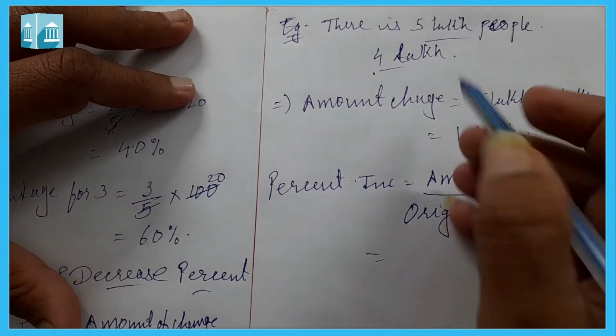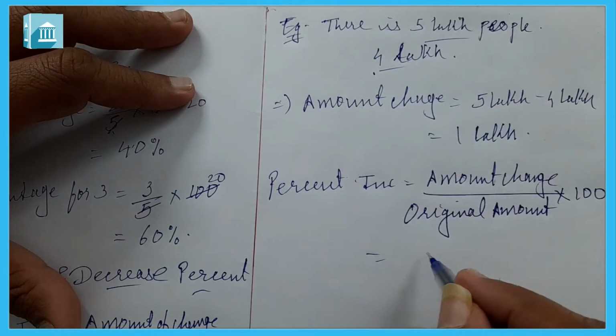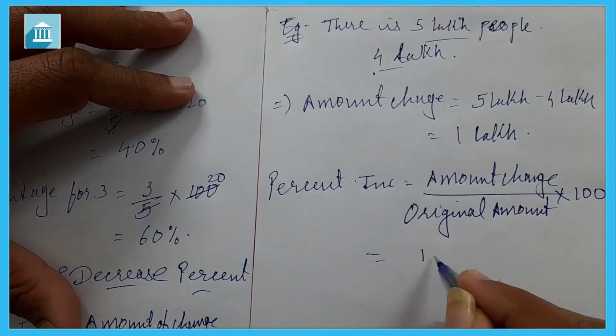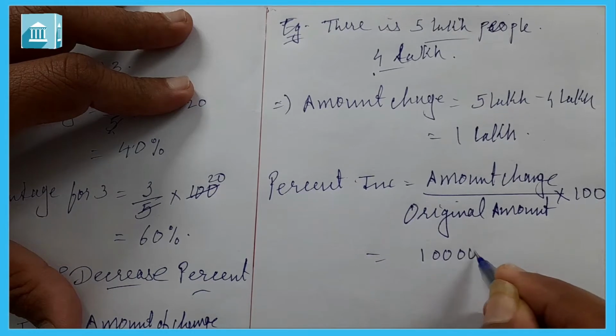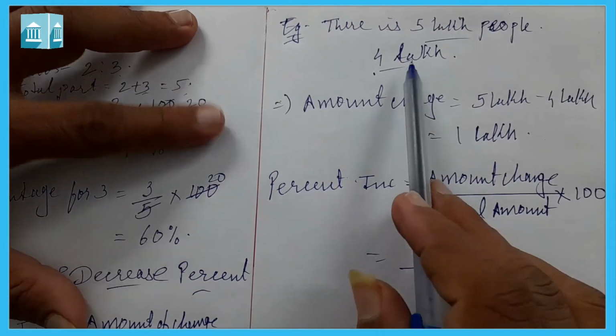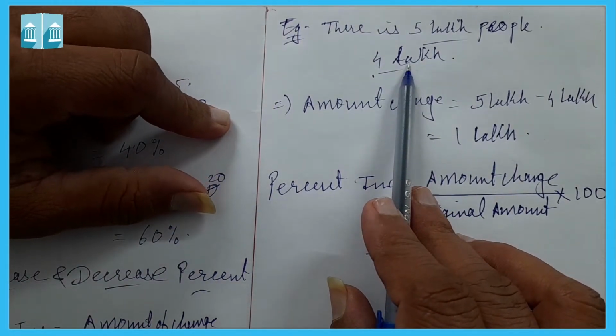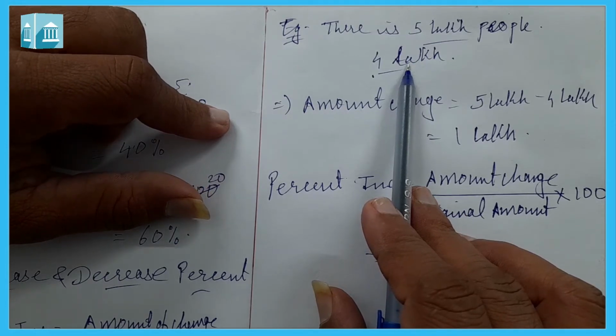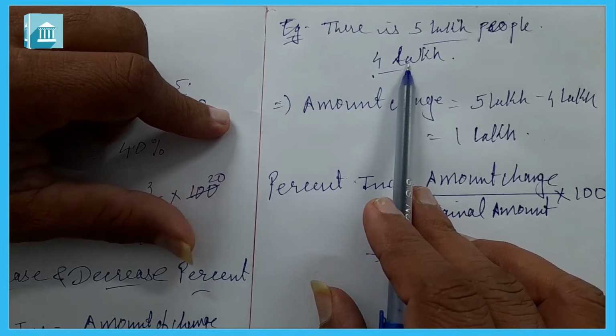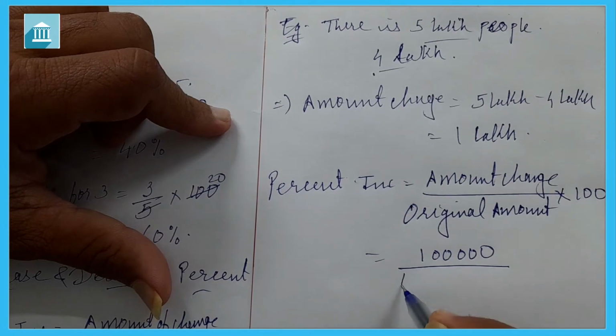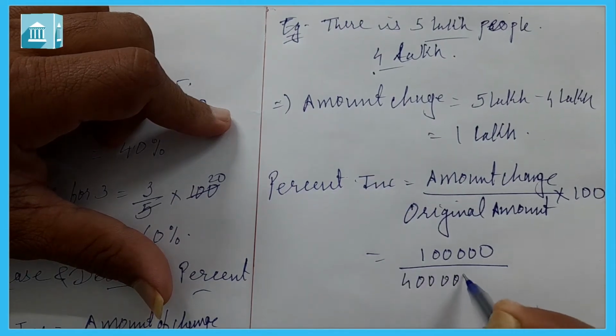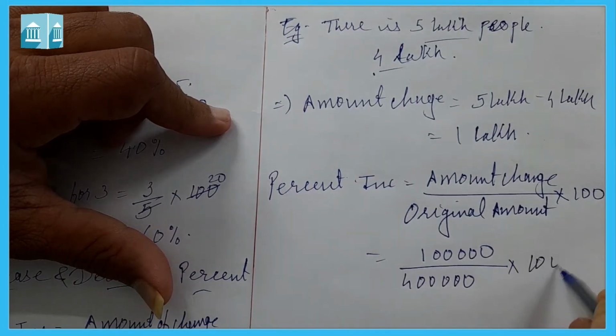Now the amount of change is 5 lakh minus 4 lakh, that is 1 lakh, upon the original amount, which was 4 lakh because before 1 year there were 4 lakh, multiplied by 100.